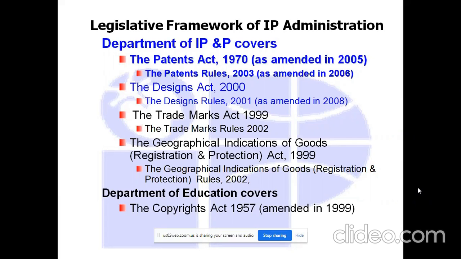All of these are in the geographical indication, that's called GI. The registration and protection act came in the year 1999, right? And the Department of Education covers the Copyright Act, which is of 1957 and amended in 1999.